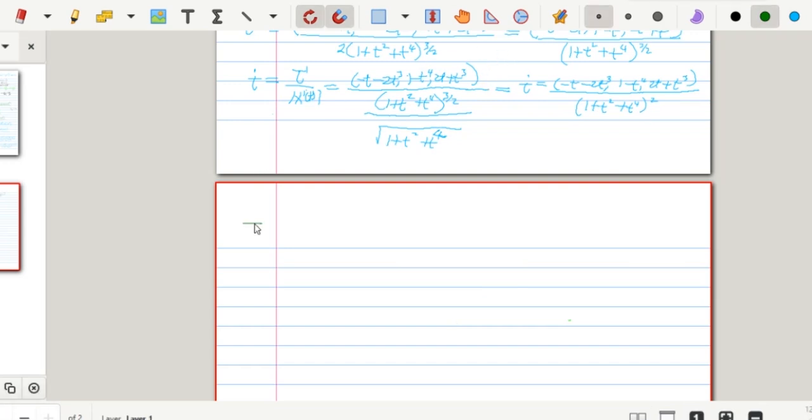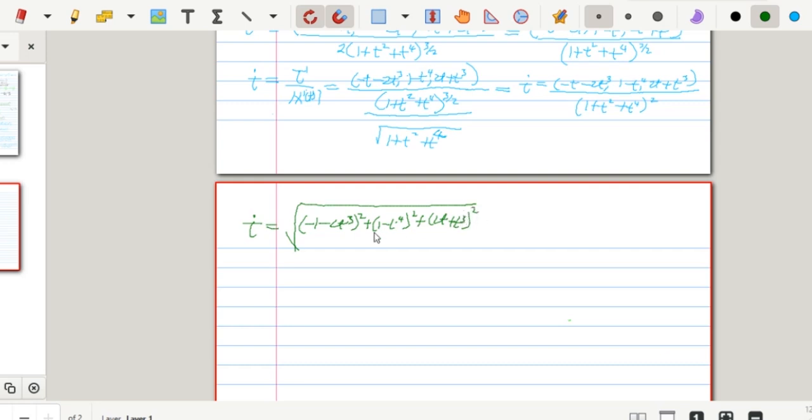So our tau dot now becomes the square root of minus 1 minus 2t raised to the power 3 all squared plus 1 minus t raised to the power 4 all squared plus 2t plus t raised to the power 3 all squared.